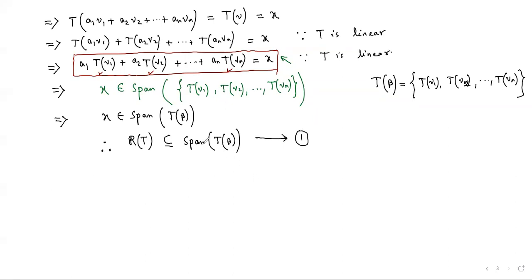Now our next job is to consider the opposite. We want to show that span of T beta is actually a subset of RT. So let us now discuss case 2.